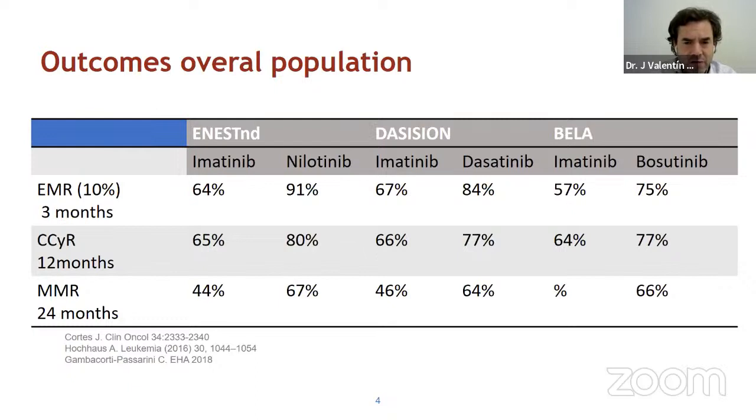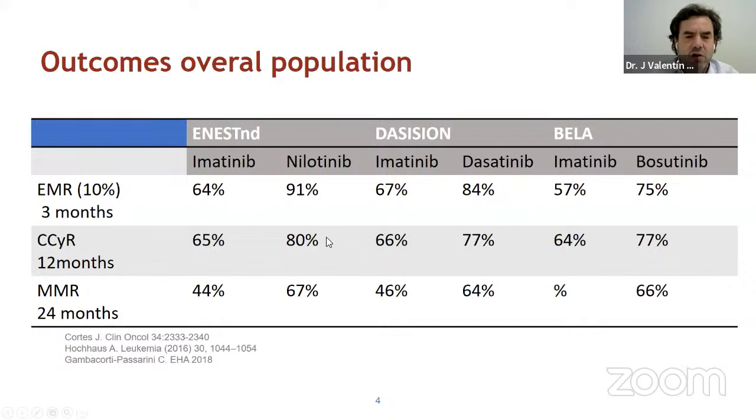And the first lesson that we can draw from this approach is that yes, second generation TKIs seem to be a better treatment option for those patients in the first line, but we also have to focus on the fact that many patients do really well on imatinib, and the probability of obtaining optimal responses is around 50 to 70%.